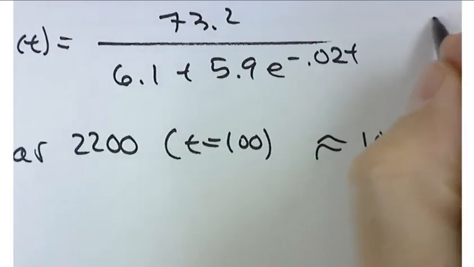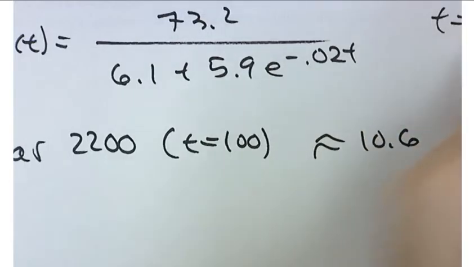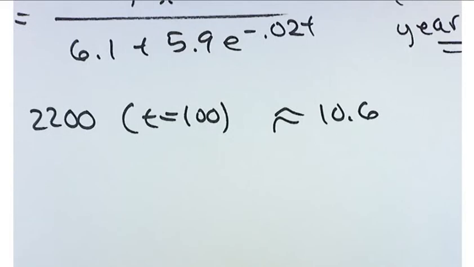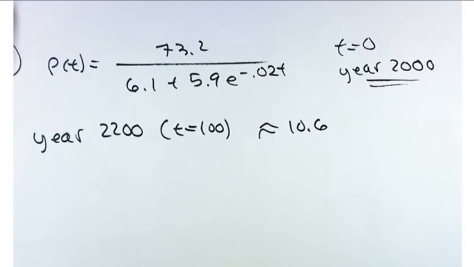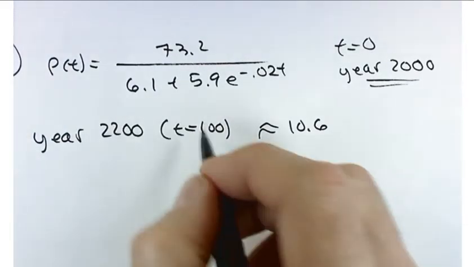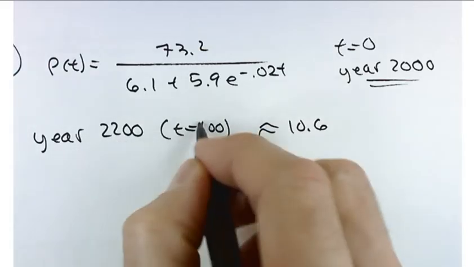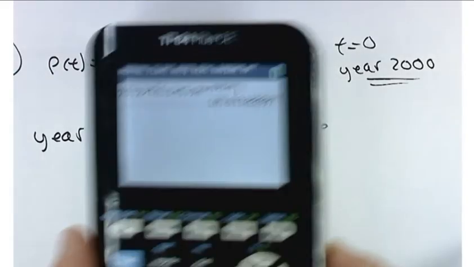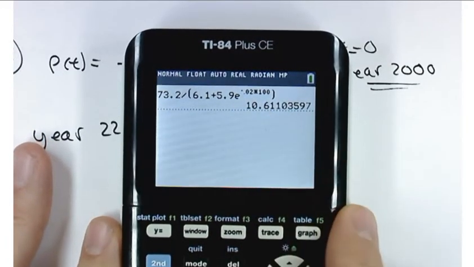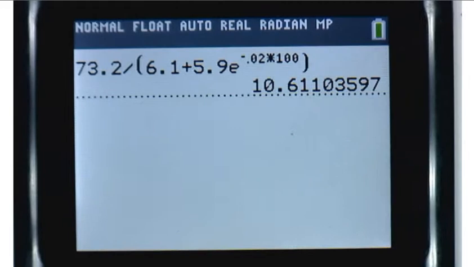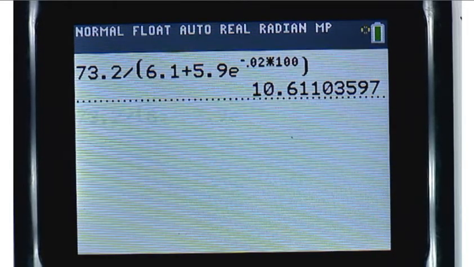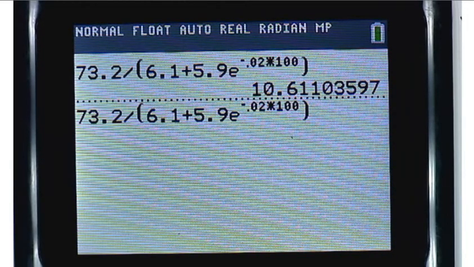Good question. T equals 0 was year 2000. That's what the problem gave you. You know what? This should have been 200, shouldn't it? All right. Well, there's a cool thing, and actually I was going to show that anyways. I showed it out of mistake, but I was going to go back and do it anyways. If you hit the second key, then the enter key, it should bring up your previous calculation.